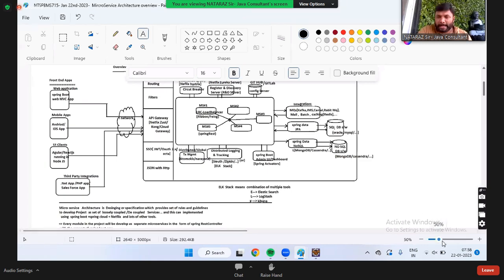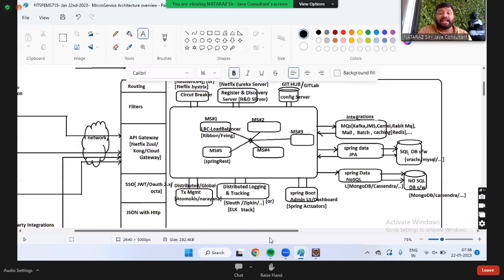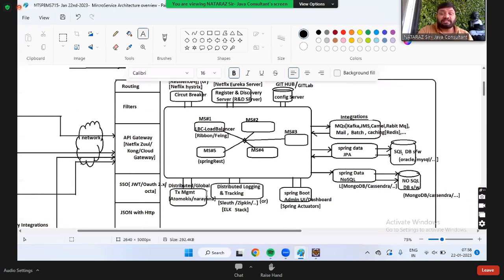Super, boss. The logging and tracing across the multiple microservices will be taken care of by using a distributed logging and tracking mechanism. For that we have tools called Sleuth, Zipkin, and ELK stack tools. Transaction management across the multiple microservices will be handled by using what? Distributed transaction management. For that we have Atomikos and Narayana APIs.